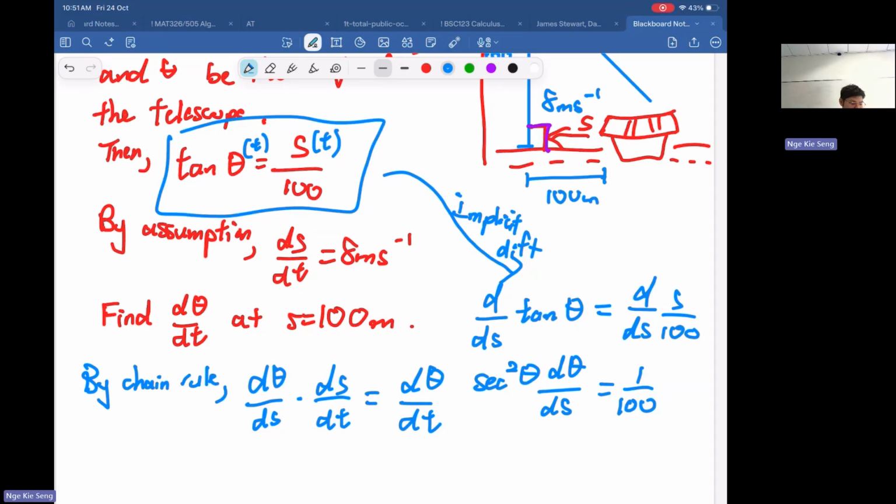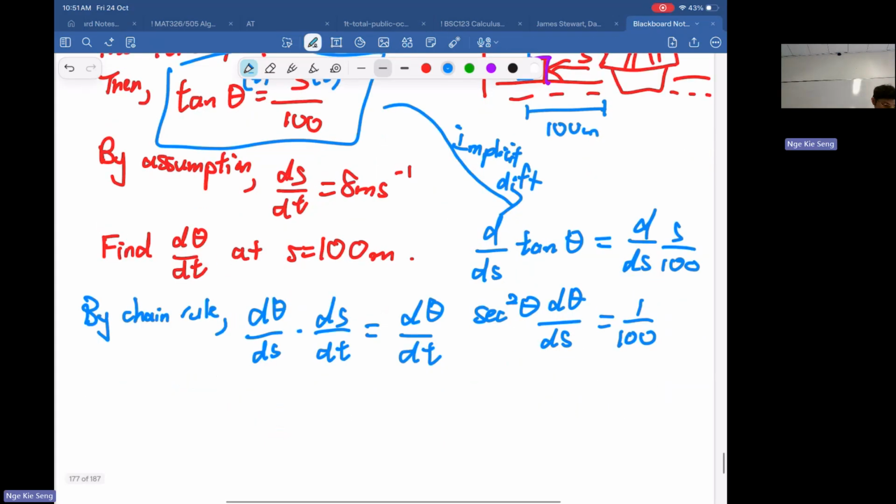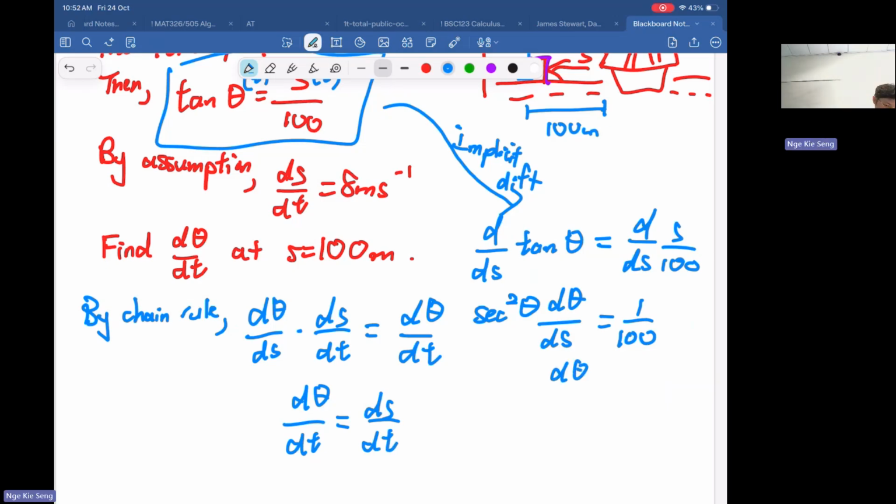Okay, is this what we want to do here? ds over dt and then d theta over dt. I think that's fine, right? So you just put d theta over dt here, and then ds/dt here, and then you divide by d theta over ds.